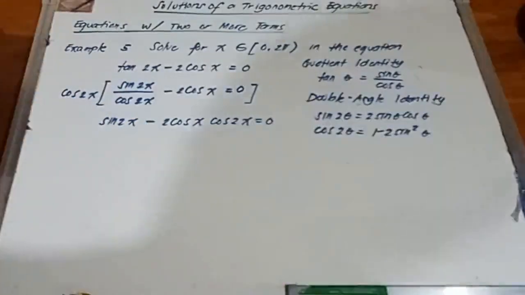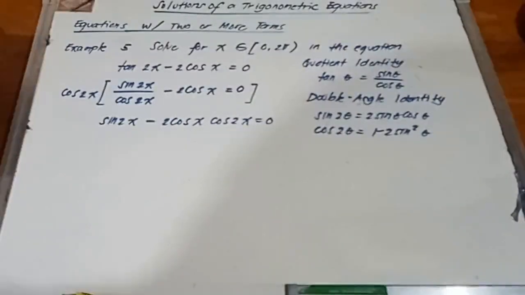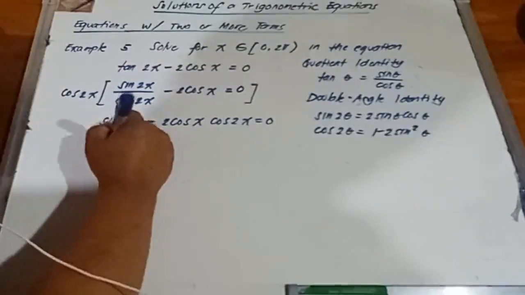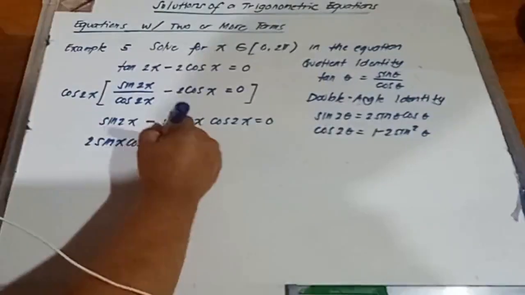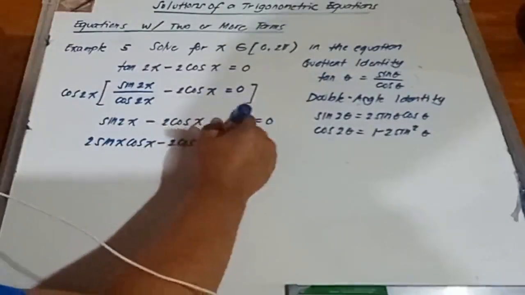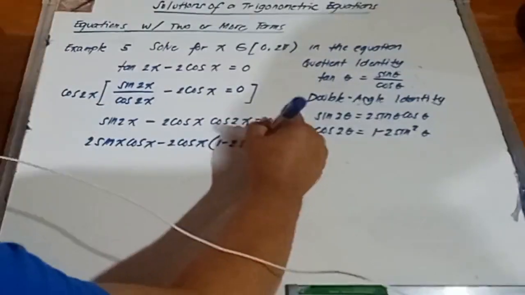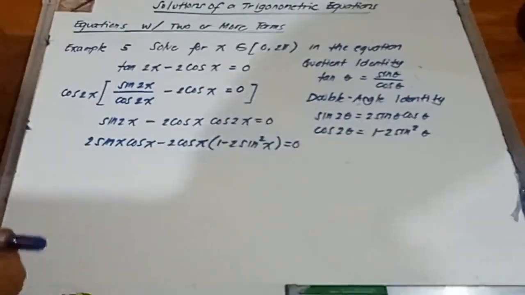Para sila ay maging in terms of theta only. So we have, this can be replaced by 2 sine x cosine x minus 2 cosine x times cosine 2x, which is 1 minus 2 sine squared x, equal to 0.